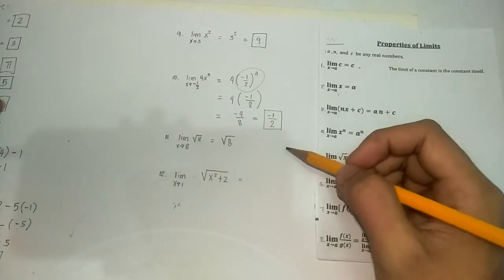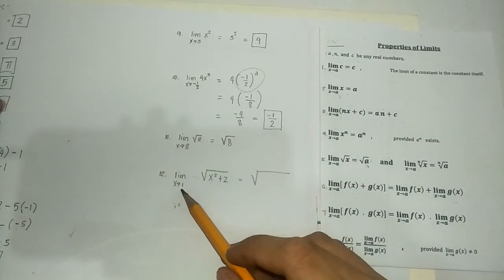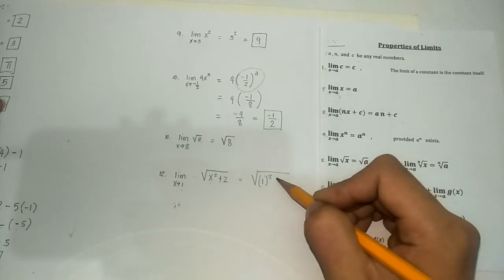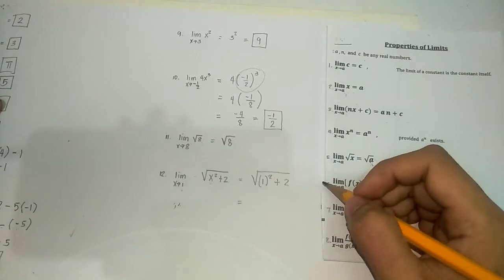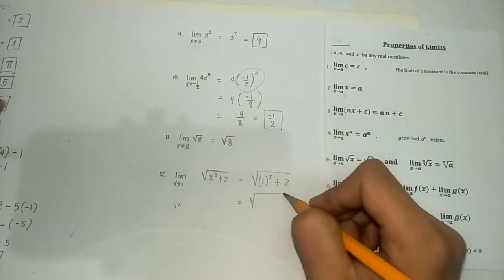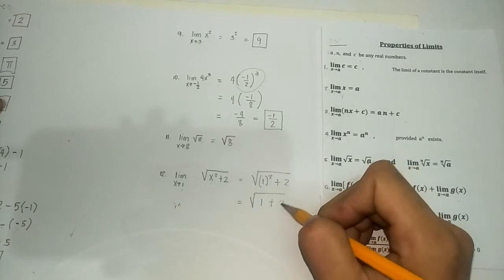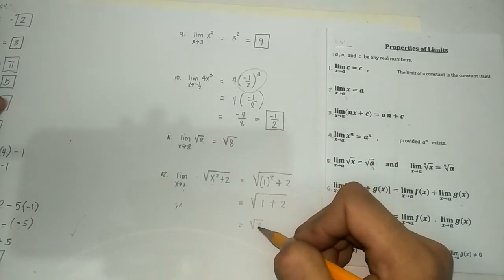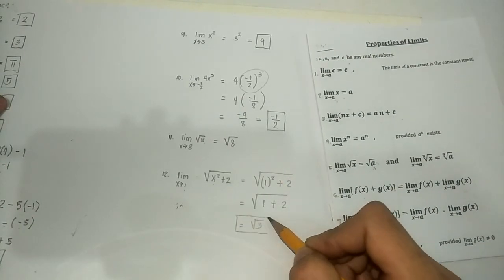So we have square root of x will be its approaches, 1, quantity squared plus, copy the constant 2, is equal to square root of 1 squared, that is 1, plus 2. So therefore, 1 plus 2, we have the answer of square root of 3. So that is our limit.